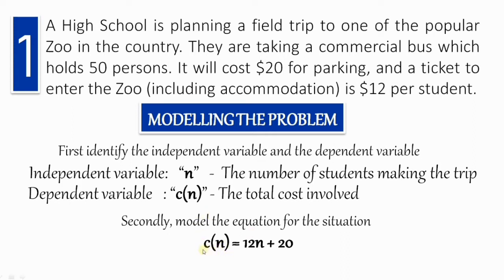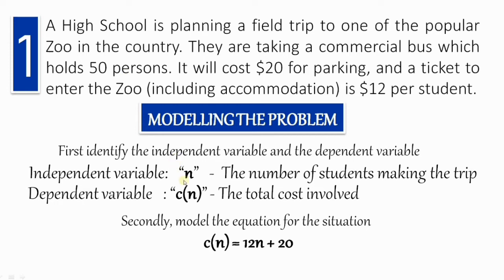After modeling the equation, what you will want to do is to find the domain and the range, since this is a function. The problem says they are taking a commercial bus which holds 50 students, meaning we will have a maximum of 50 students making the trip.